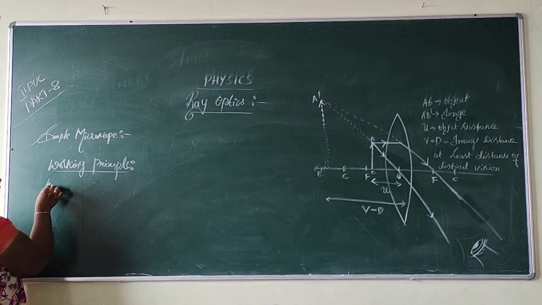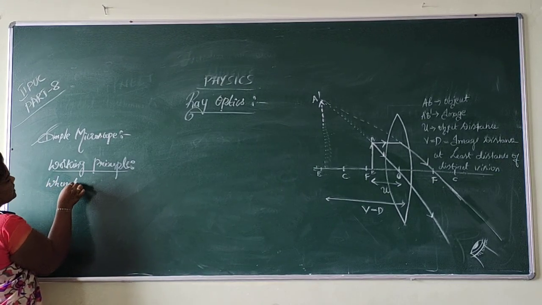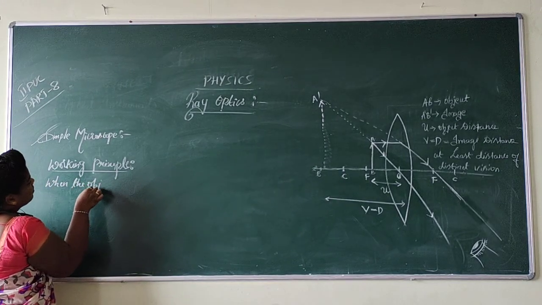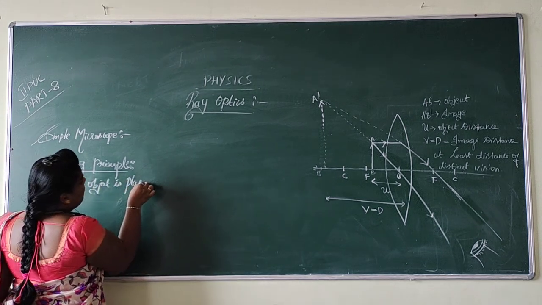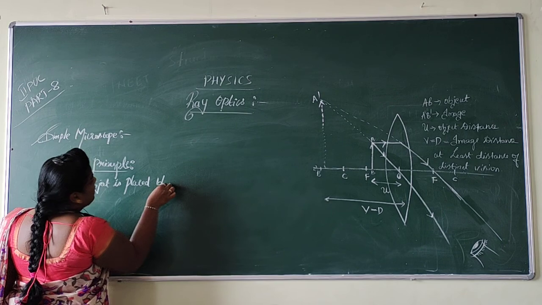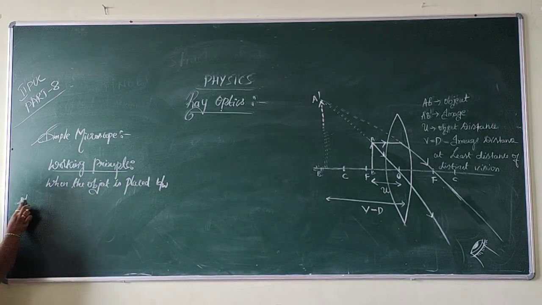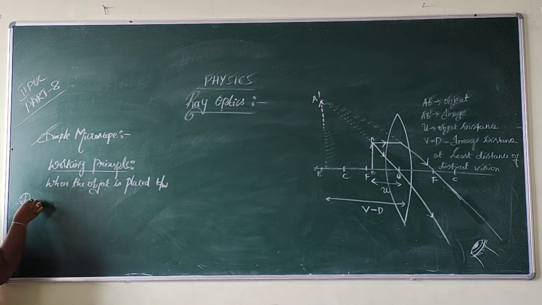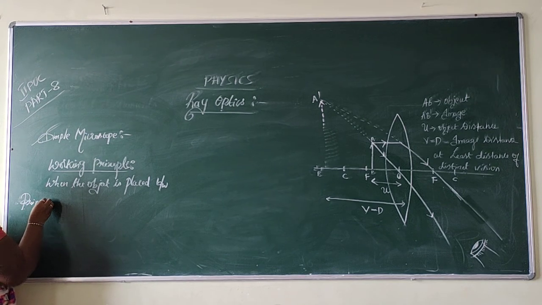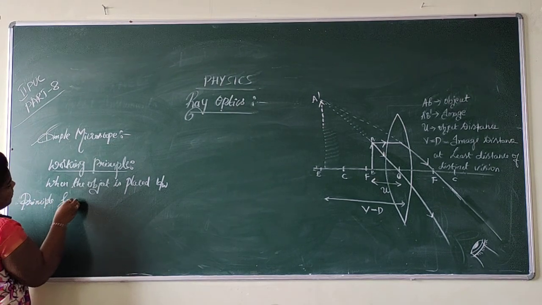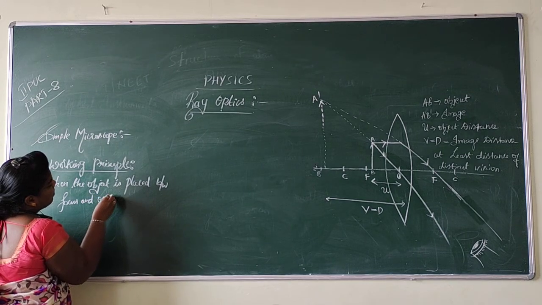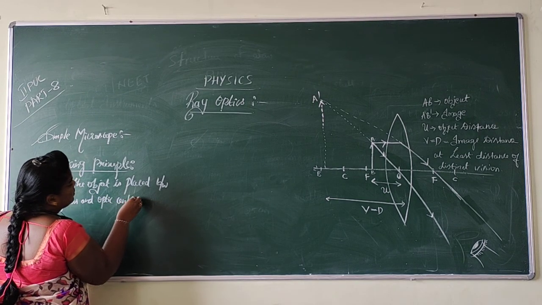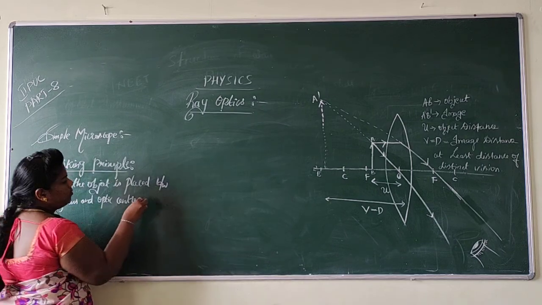I am just writing: when the object is placed between the optic center and principal focus, what kind of image is formed?